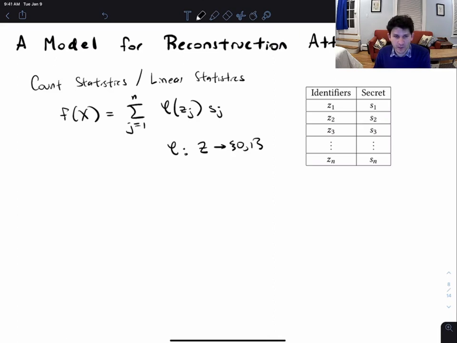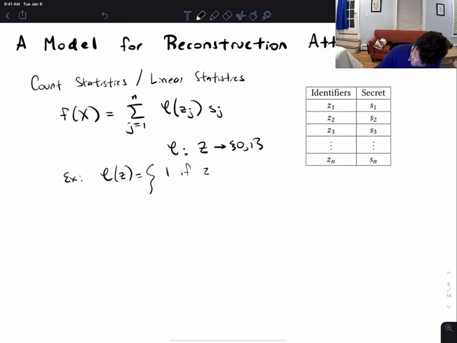So for example, phi could be something like, is this person over 40? It outputs 1 if the person is over 40 and 0 otherwise. Example: phi(z) equals 1 if z is over 40, 0 otherwise.